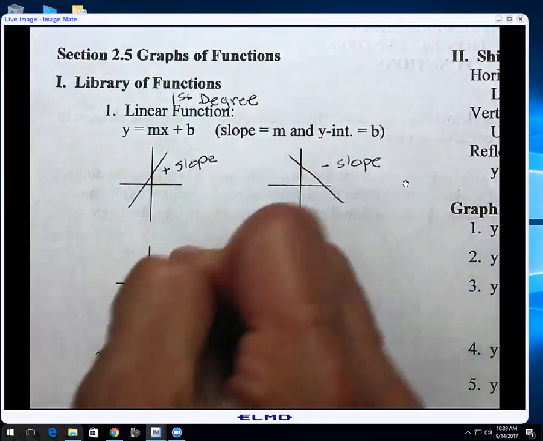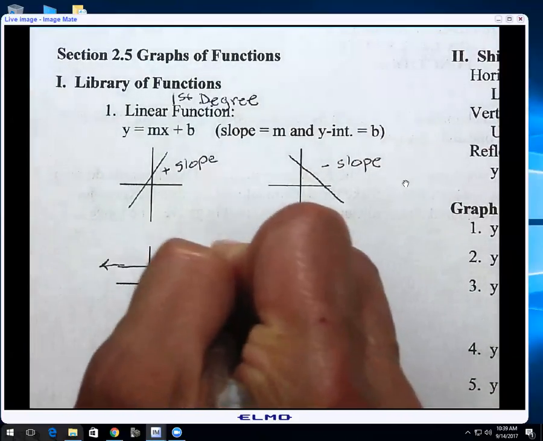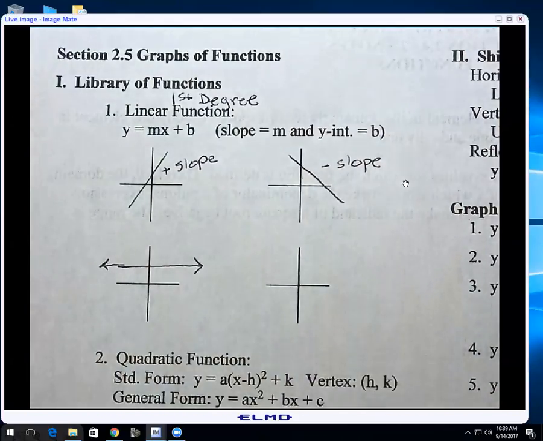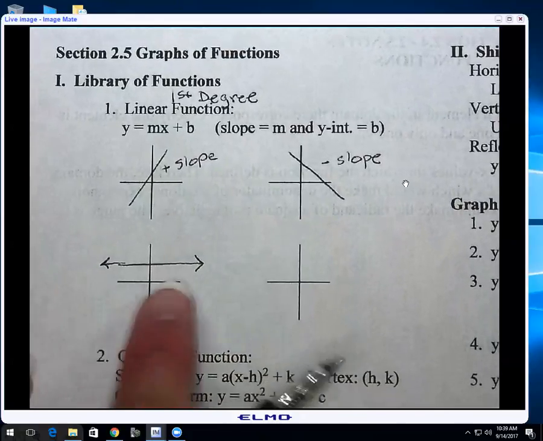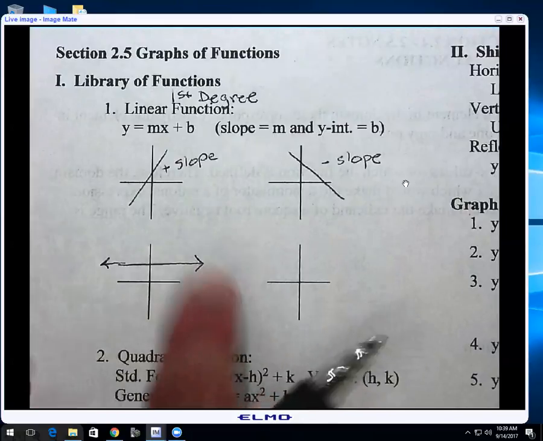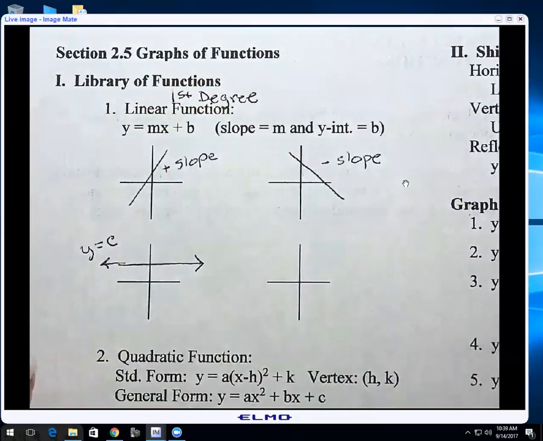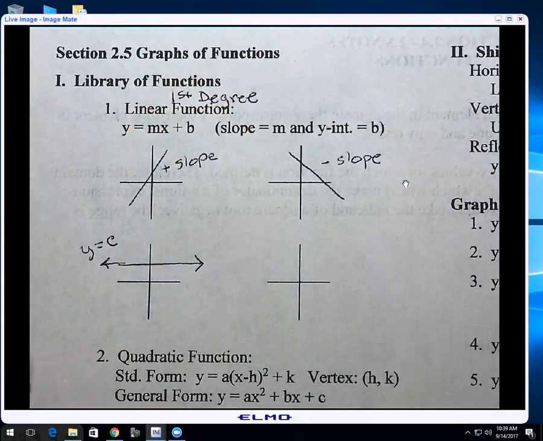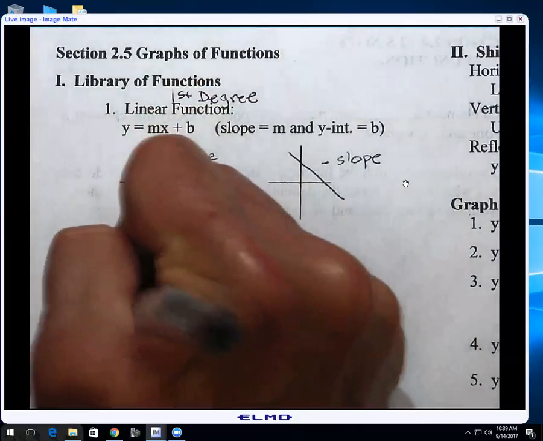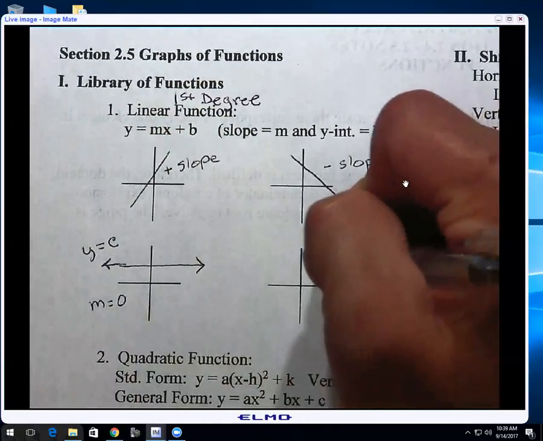Tell me what you know about a horizontal line. That has all the same y's. So the equation is y equals a constant, and what's the slope? Going straight across, not up or down, the slope is 0. And then tell me what you know about a vertical line.